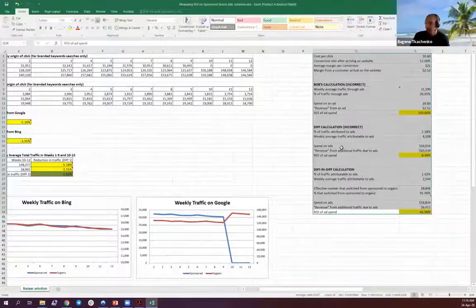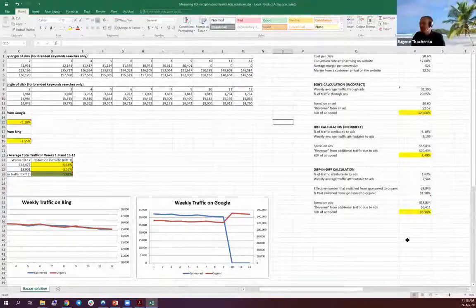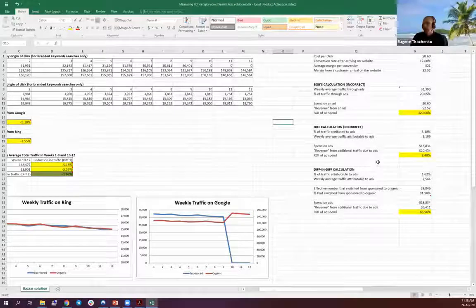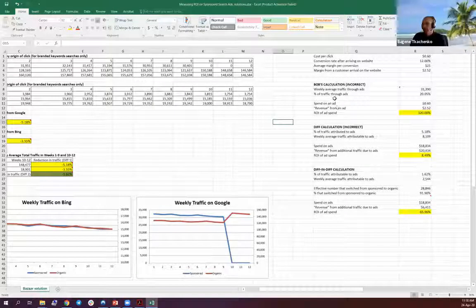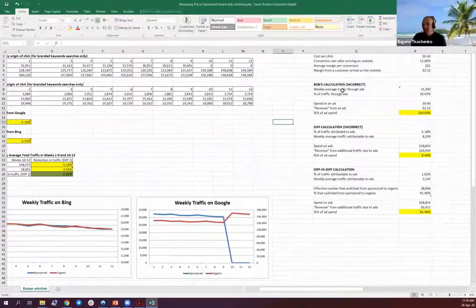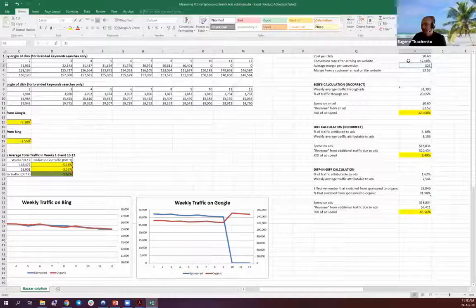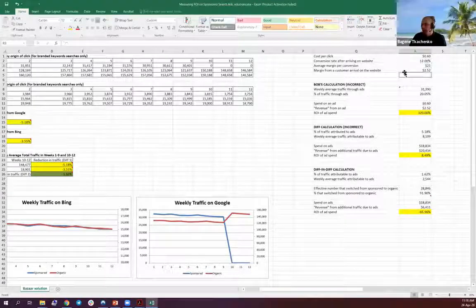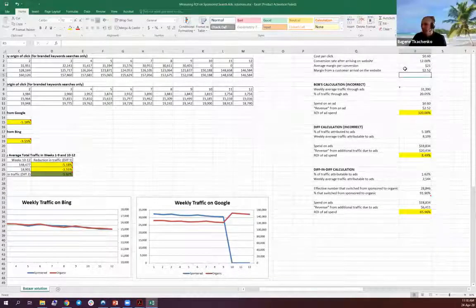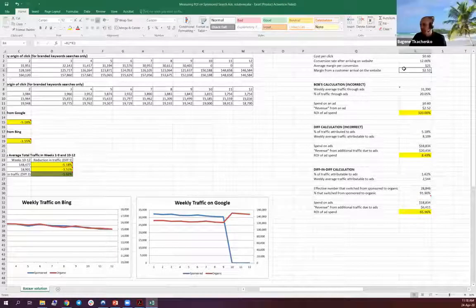Okay. Because we were operating under the assumptions of Bob's calculation, the basic information was given to us already. We had information on the cost per click, as well as the conversion rate after arriving at the website, 12%, average margin per conversion of $21, and margin from a customer upon his or her arrival to the website, $2.52.